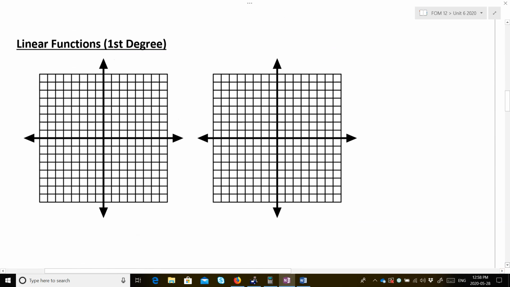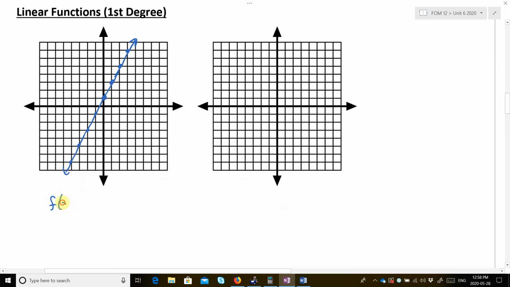Linear functions, first degree functions, either slope up and to the right, or down and to the right. Okay, so we could have this. This one is f of x. F of x just takes the place of y, so we could write y, but we write it as f of x equals 2x plus 1. It's very similar to y equals mx plus b.